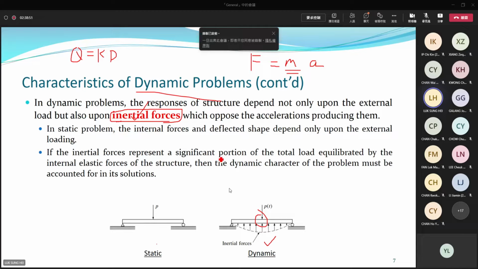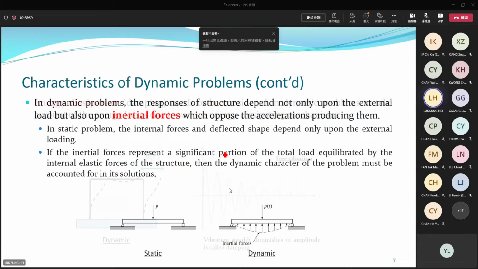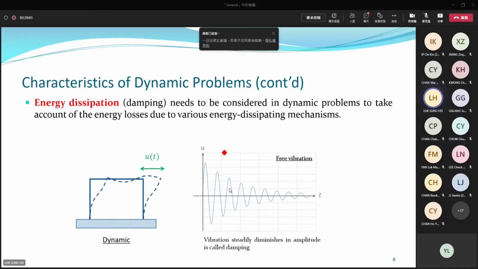This kind of resistance is called inertial effect, opposite to the acceleration produced. This is the other effect. The first one is time varying. The second one is mass, the inertial effect. Some new characteristics we seldom considered before. This is the third one, the third characteristic.